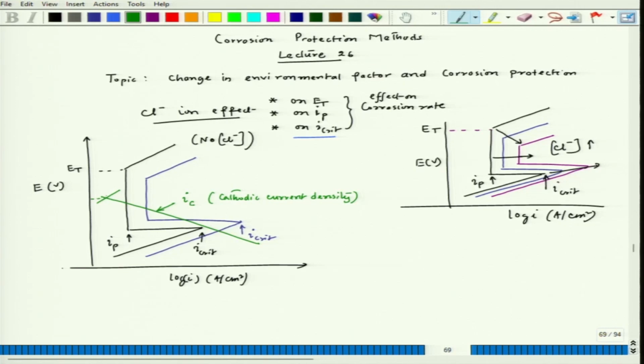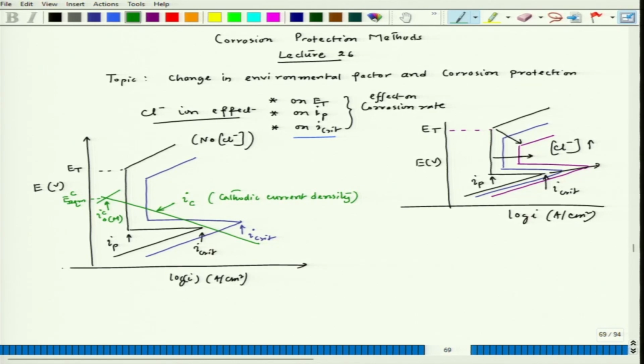And the corresponding point is E cathode, E equilibrium for cathodic, and this is I naught for the cathodic reaction on the metal surface. This is the reduction process that is going on.